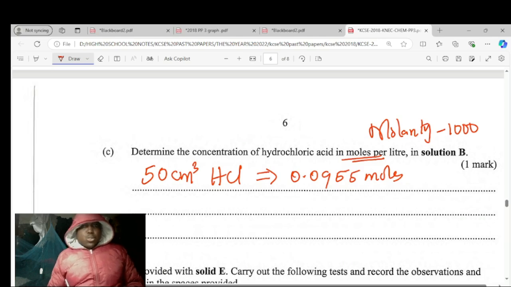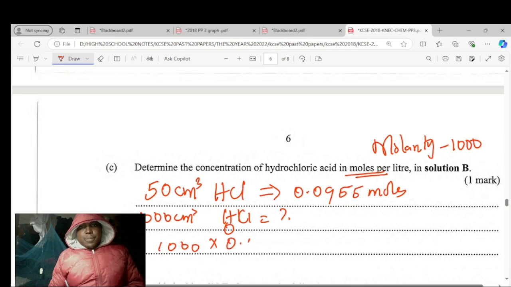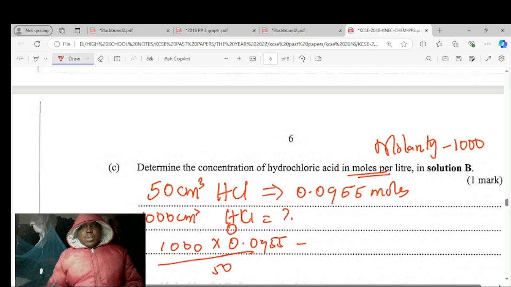Now 1,000 centimeters cube is equal to 1 liter. So we ask, 1,000 centimeters cube of HCl will have how many moles? 1000 times 0.0955 divided by 50, and that gives you 0.0955 times 20, because 50 goes into 1,000 twenty times.